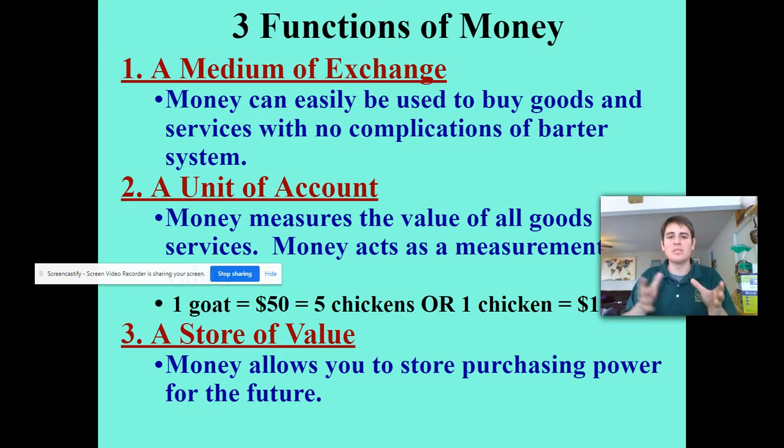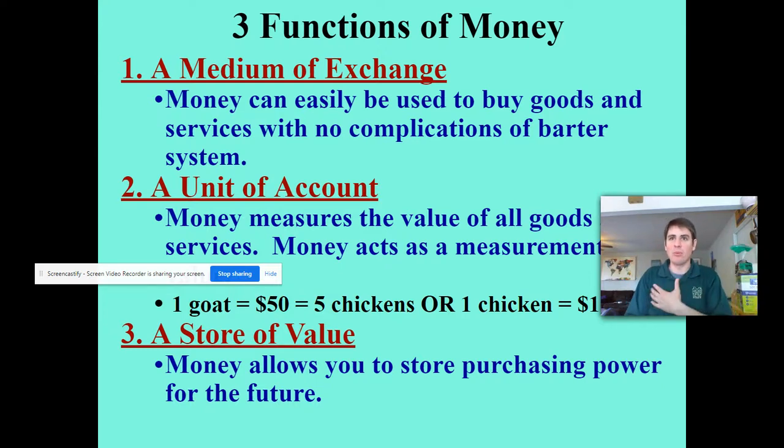So if a goat is $50 and a chicken is only worth $10, a goat must be more valuable. In order to equal that goat, I need 5 chickens because the chicken's value is only $10, and so forth. So it acts as a measurement which can be generally understood for how much something is worth.